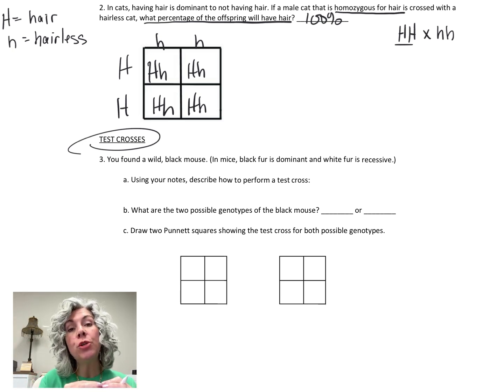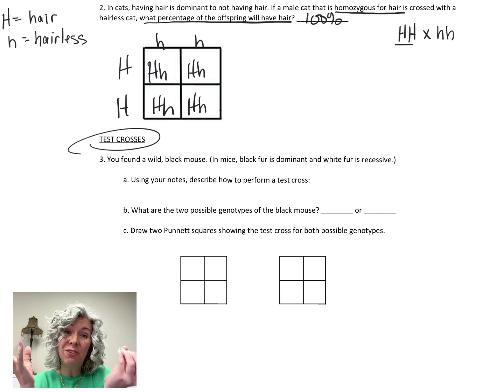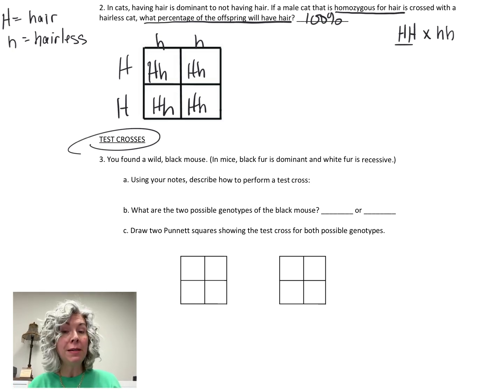The key thing to remember with a test cross is that you always cross the unknown parent with the recessives. You always cross the unknown with the recessive genotypes. And that way, by looking at the offspring, if that recessive is expressed, if we see a recessive pop in that generation, then we know that parent would be a carrier and be heterozygous.